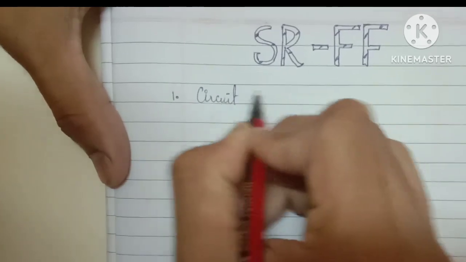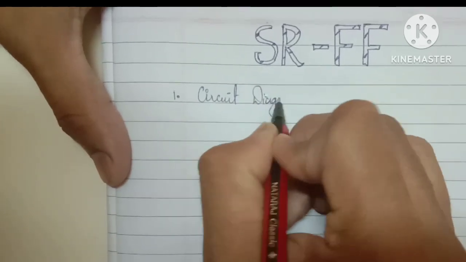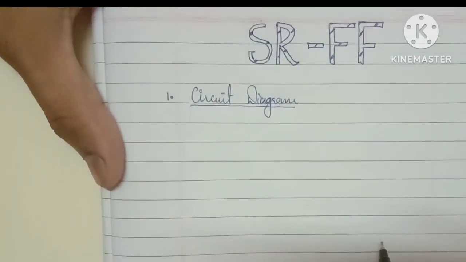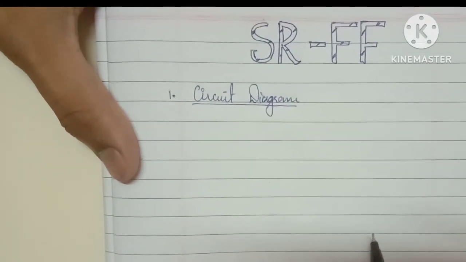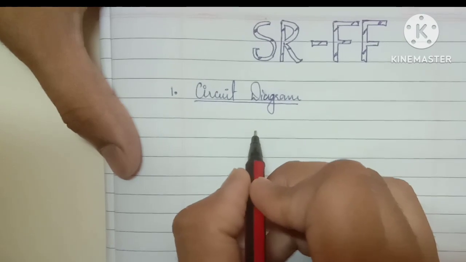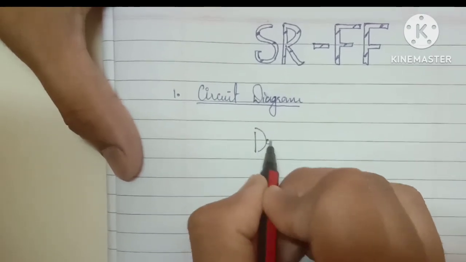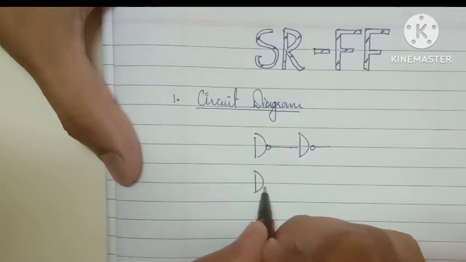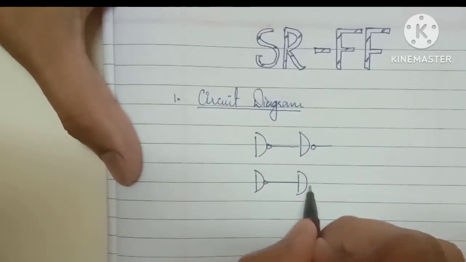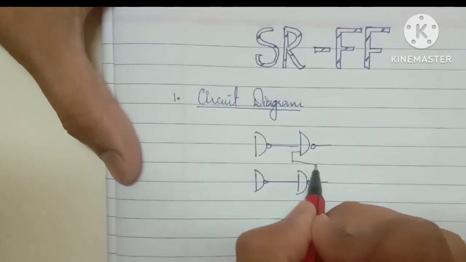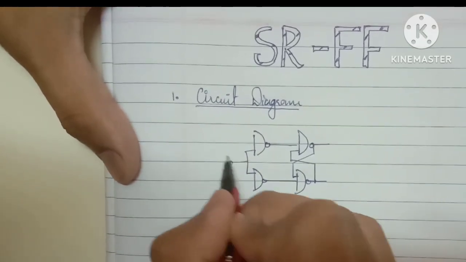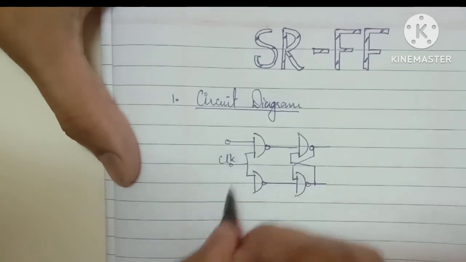I am drawing this SR flip-flop using NAND gates. You can even draw this circuit diagram using NOR gates. This circuit comprises a latch also. We are giving a control input to this latch, and then you will get the flip-flop. I already gave you the idea of the latch in the previous class.